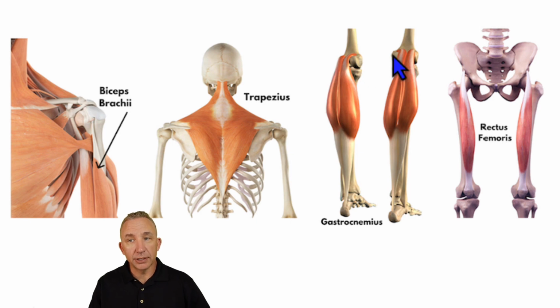That's its origin. It'll come down and insert at the calcaneal tendon to the calcaneus, and we know this as the Achilles heel. So when someone says they tore their Achilles, that's at that point, but that's the point where we have insertion.